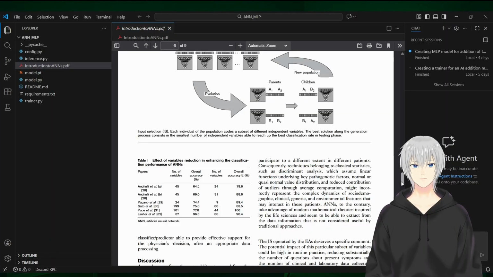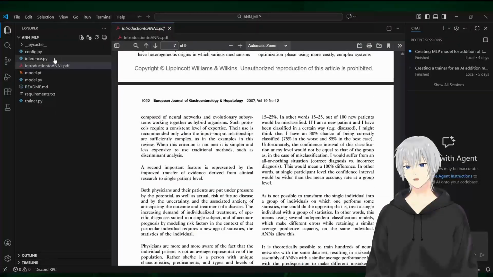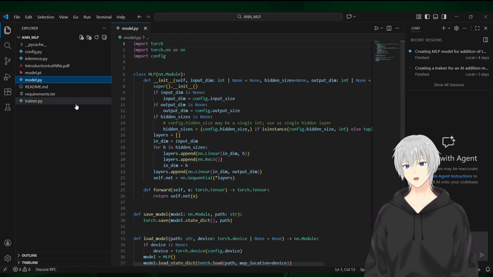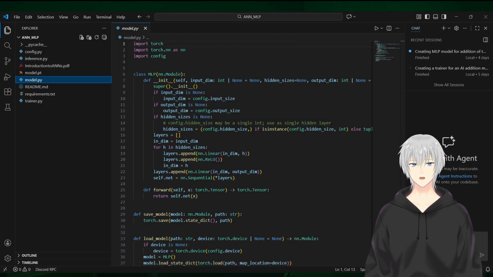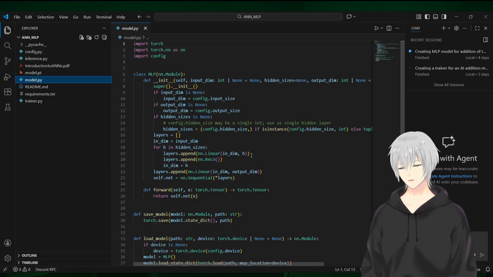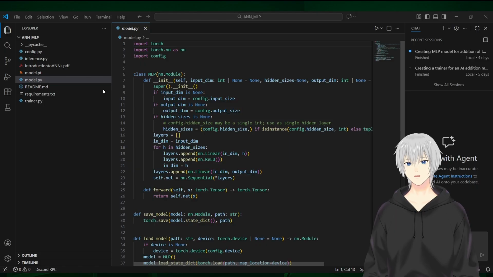I have read the whole research paper, and for the proof, I have also made my own artificial neural network. This uses a multi-layer perceptron concept, and all of it is available right over on my GitHub. It's all of it open source. Yeah, I know what ANN is.